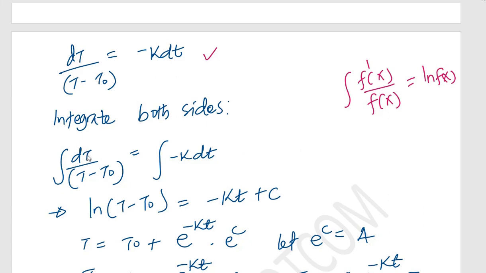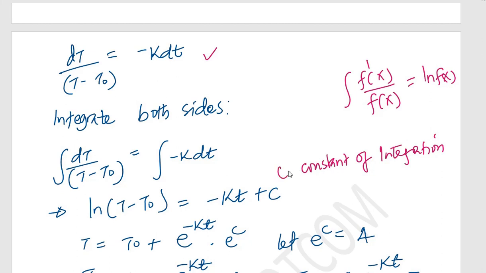So the integral of 1 over T minus T naught with respect to T is going to be the natural logarithm of T minus T naught, and is equal to negative k times t, plus c, which is a constant of integration.